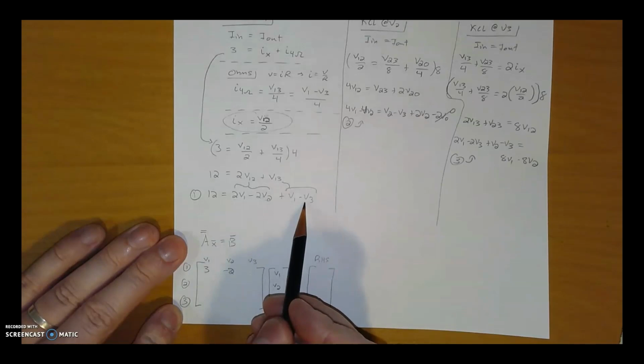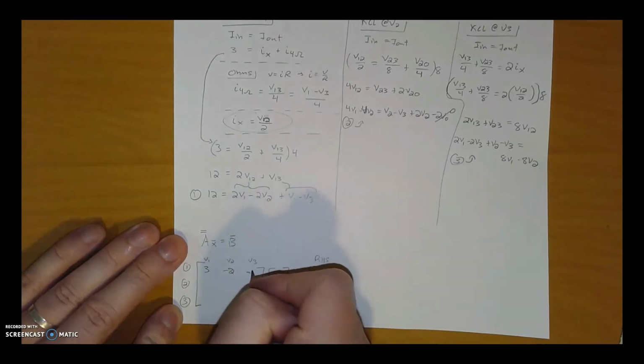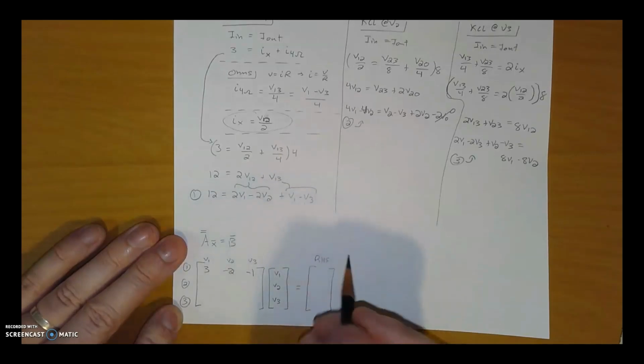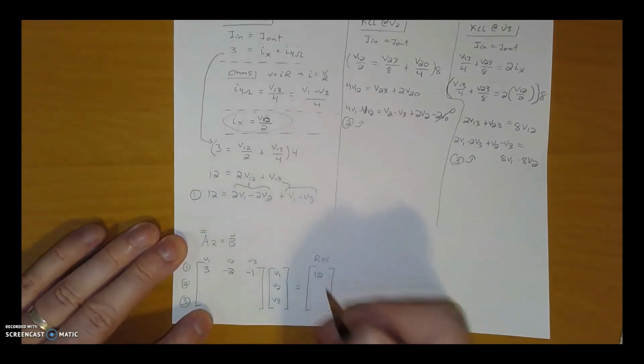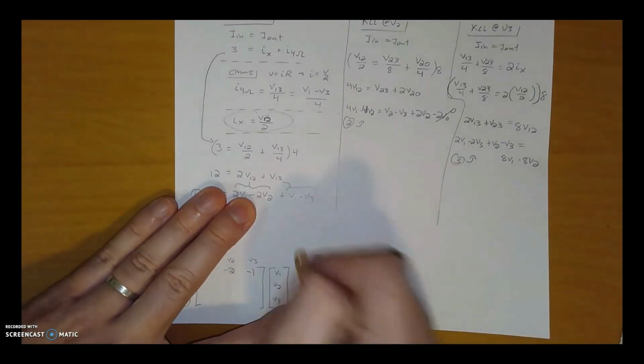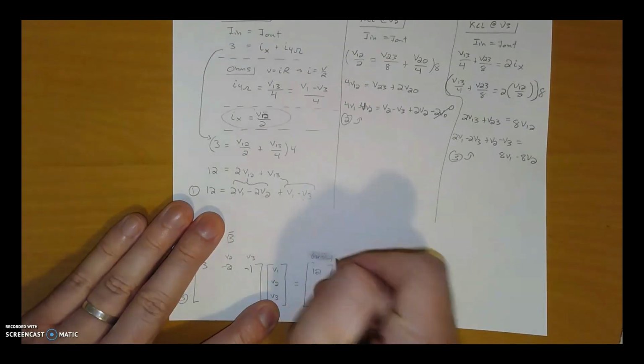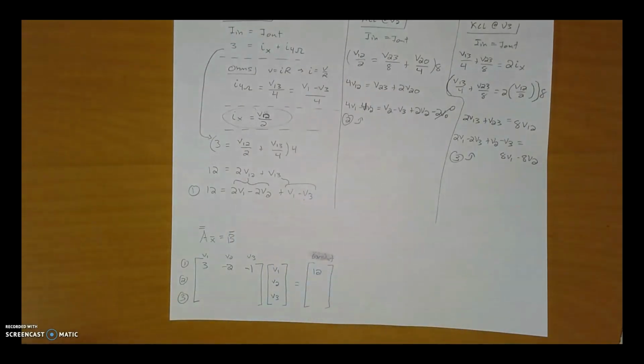And for V3, I have -1 of them. So again, we're describing the coefficients, and our constant is 12. Standard form is to put the constant on the right-hand side, but if you want to, we can just call this constant. So this is our B vector. All right. So I'm going to pause and go ahead and put all the other ones in.